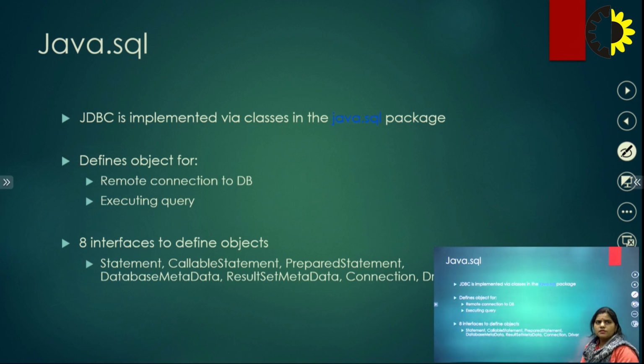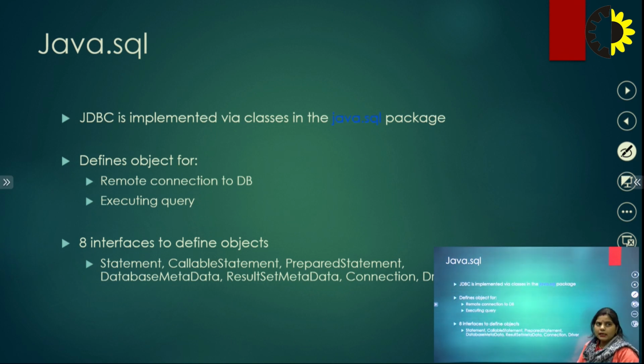Now, java.sql. Basically, JDBC is implemented via classes in the java.sql package. Whenever you write a program for connectivity, first of all you have to import that java.sql package. And we have to define the objects for the remote connection to the database and for executing the queries.